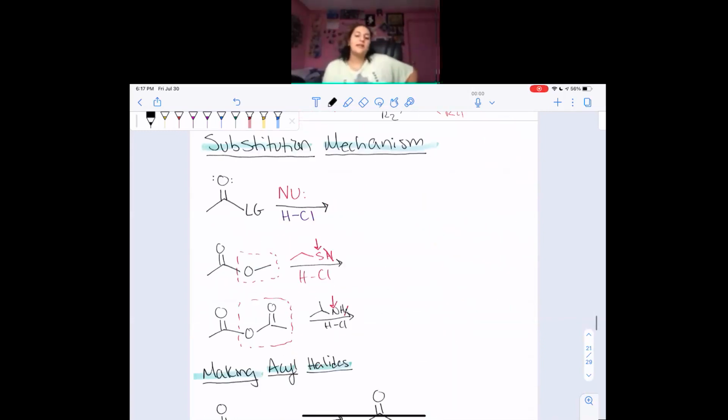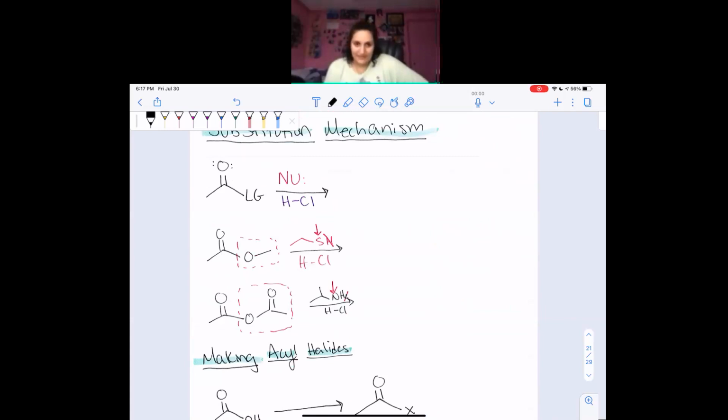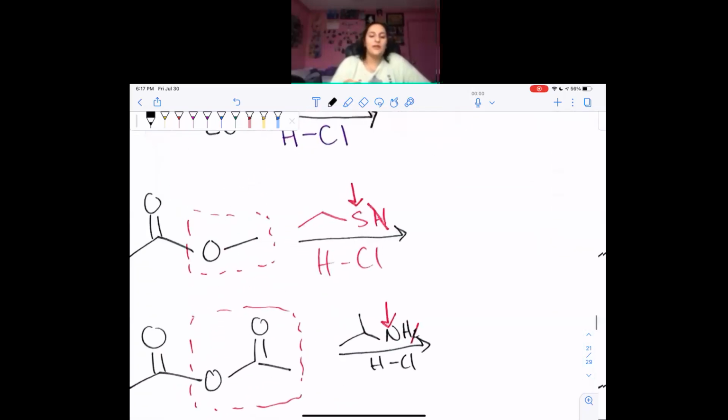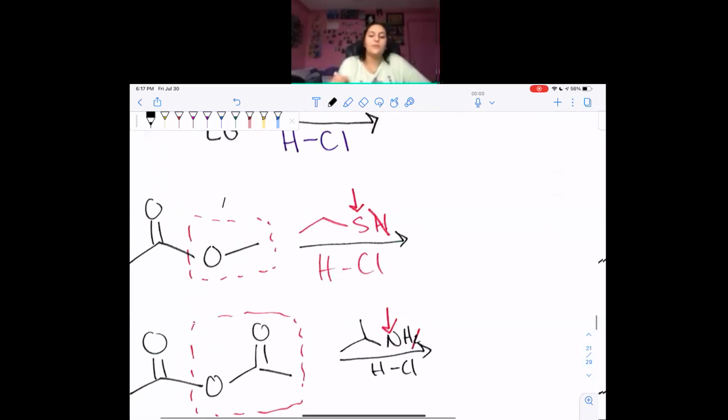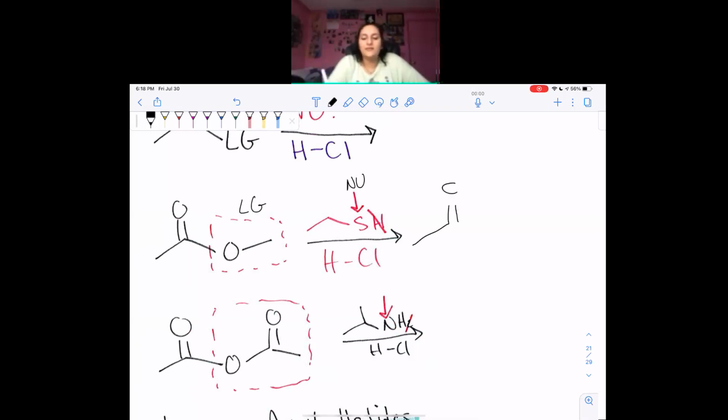So now we are in chapter 17. Chapter 17 is a lot of the same concepts as chapter 16, except now we have a leaving group. And we know in these kinds of reactions, all we do is label the leaving group, we label the nucleophile, and we replace the leaving group with the nucleophile.